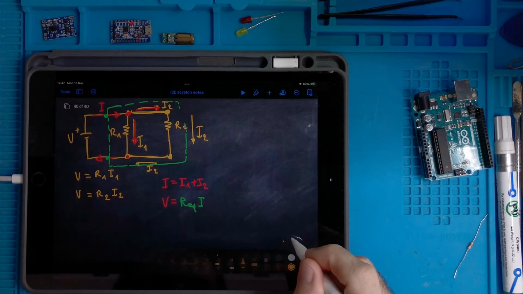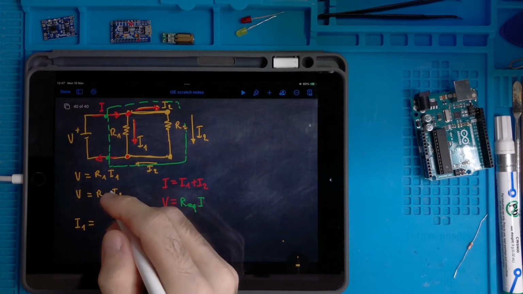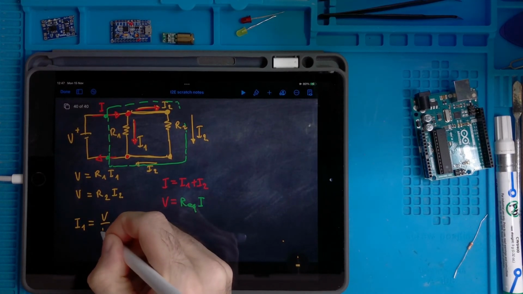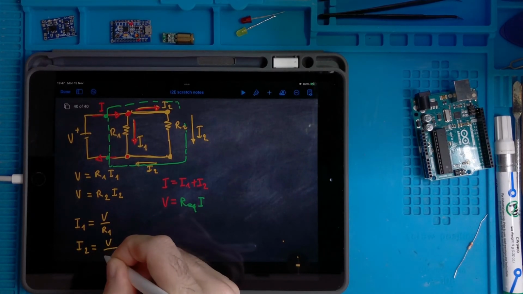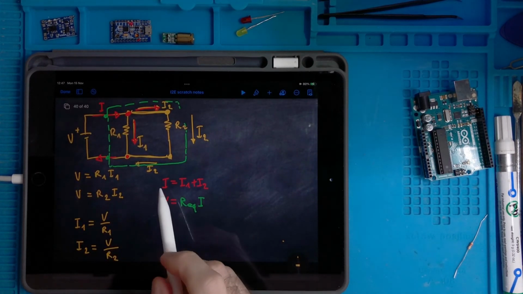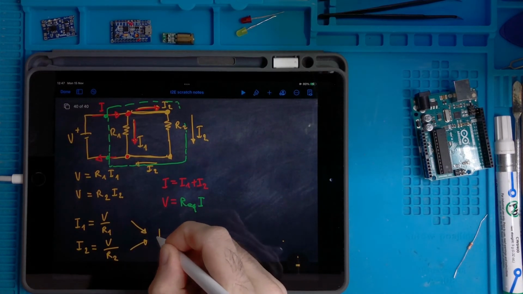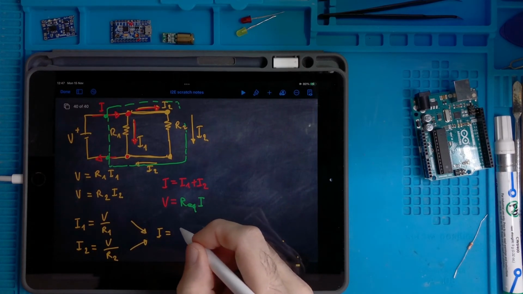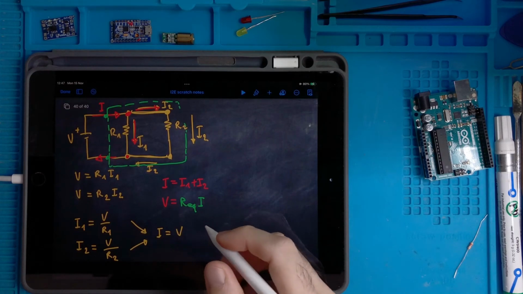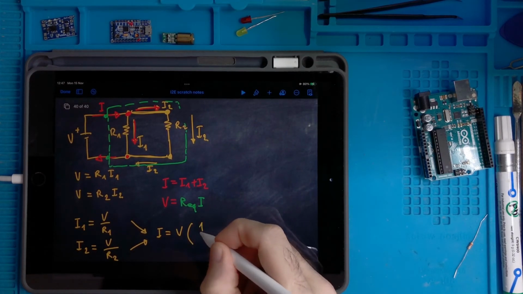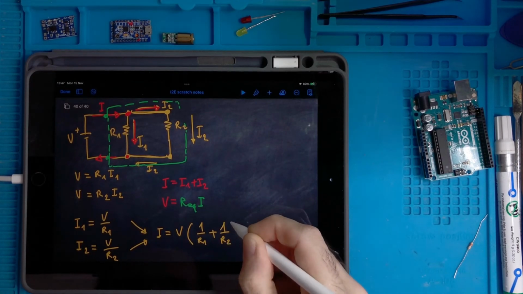So the current I1 is equal to V over R1. The current I2 is equal to V over R2, and I is the summation of the two. So I equals, I put V in common, and then I write 1 over R1 plus 1 over R2.